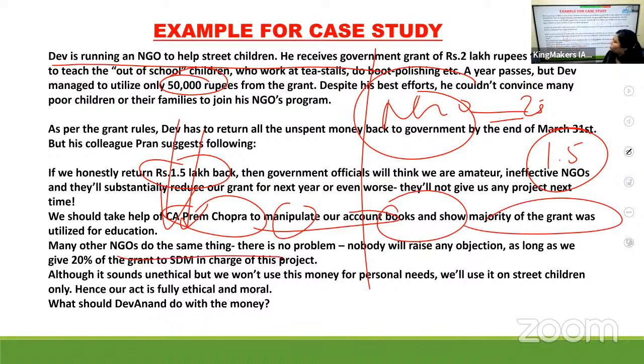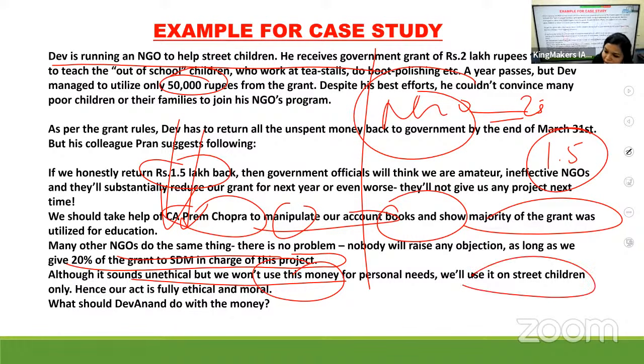Many NGOs are doing the same, so we will not have a problem. He is convincing that person. Now the thing is, it is unethical. He is saying to Dev that we won't use this money for personal use, but we will use it on street children only. So the ultimate aim of the NGO money will be reached because we are going to spend it on the children only. This is the kind of solution he is giving this person.